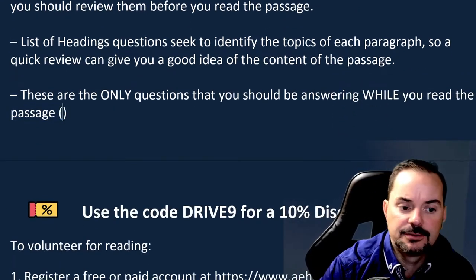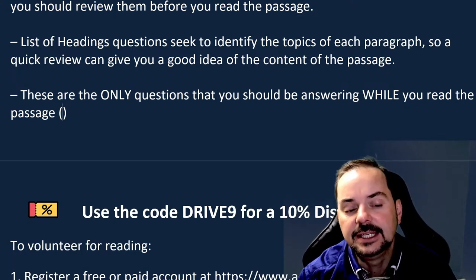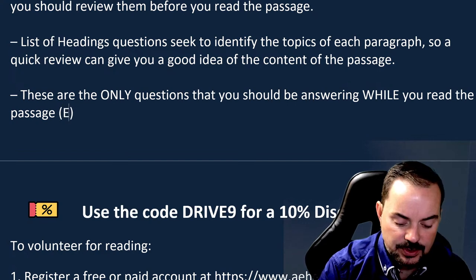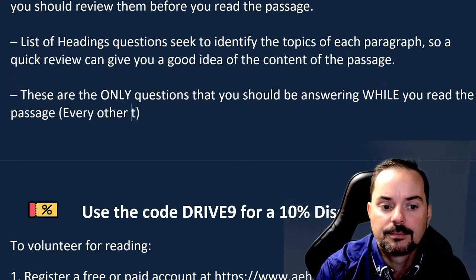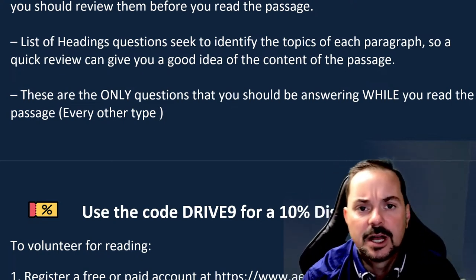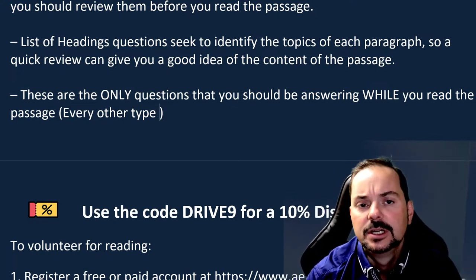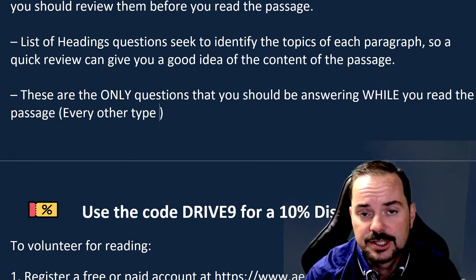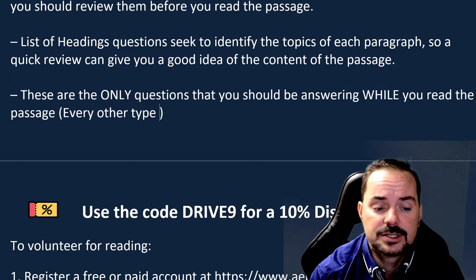Every other kind of question in the IELTS exam, ideally, you are answering after you read the passage. Okay? So it doesn't matter if it's true, false, not given, multiple choice, matching information to paragraphs, or any of the other 10 different types of questions that you can see in the IELTS reading passage.